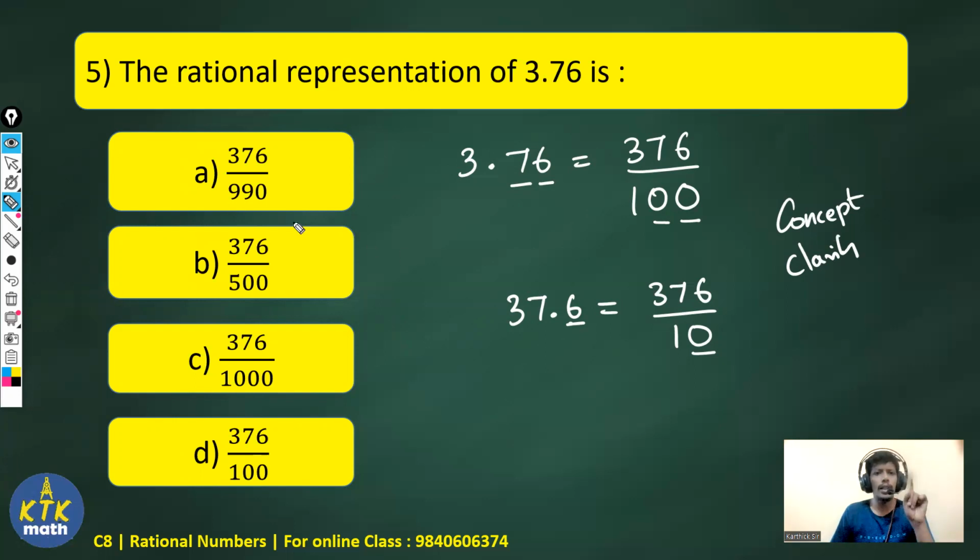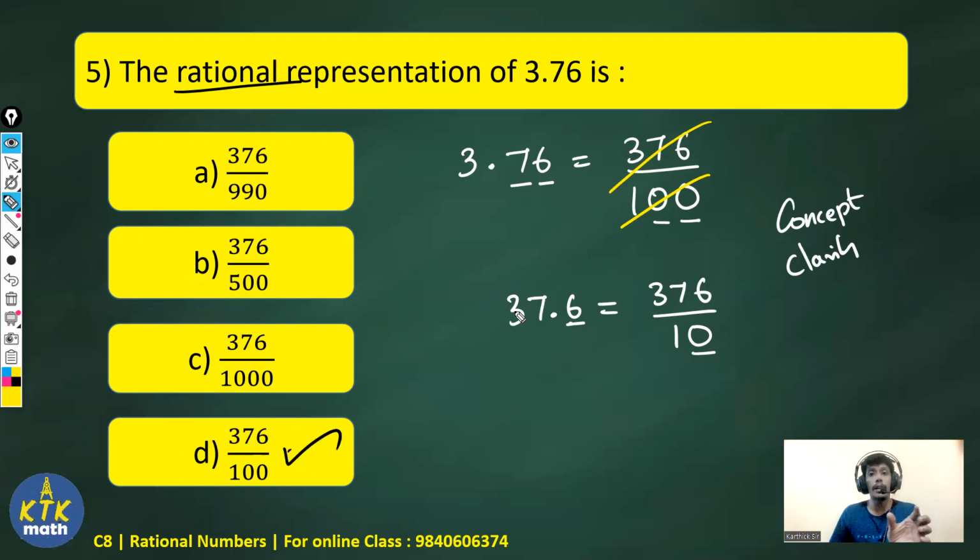In this question, they are asking only for the rational representation, so your answer is 376 by 100, which is option D. Sometimes they may ask for the simplified rational representation. If they use the word simplified, then you must cancel and then find your answer. In order to confuse you, they sometimes use such words.